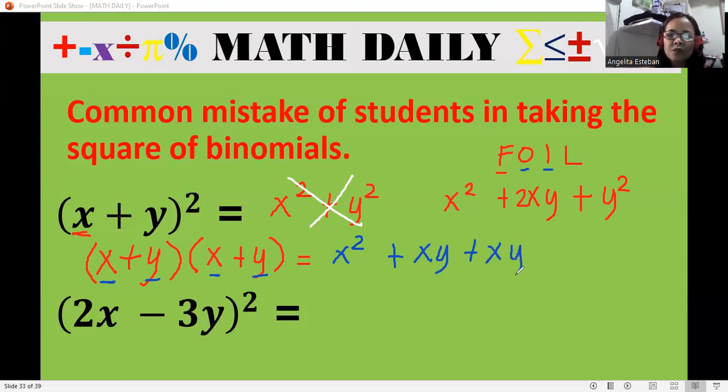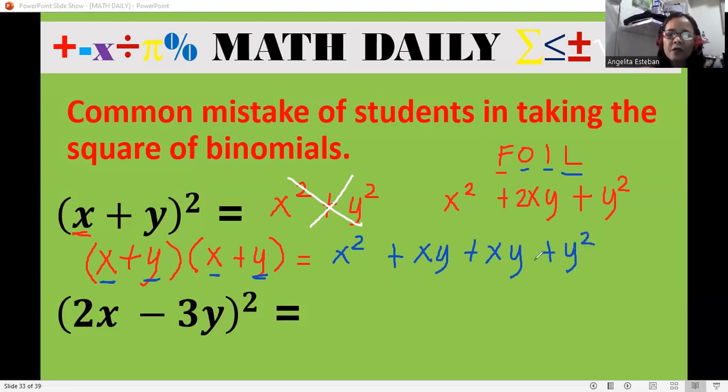And the last one is the L, which stands for the last terms. So y and also y. Multiplying y and y, the answer that you will be getting there is y raised to the second power.